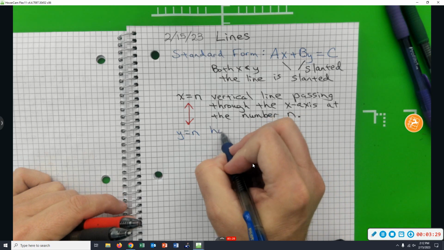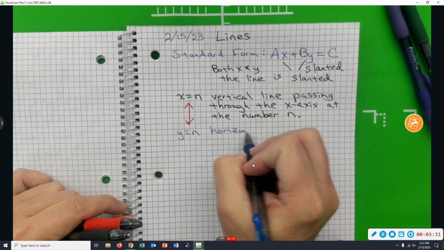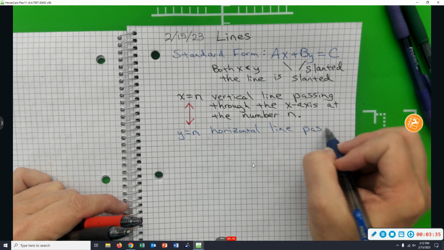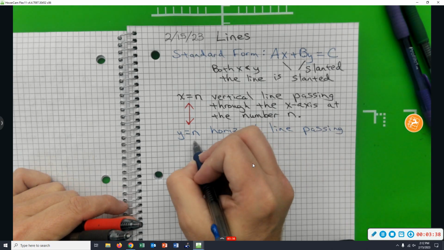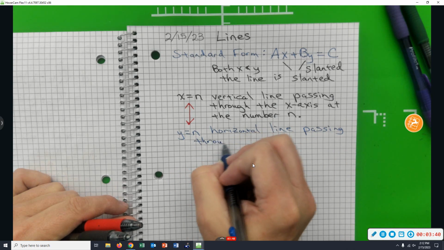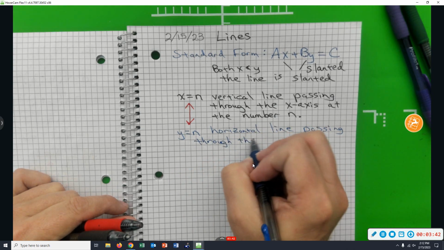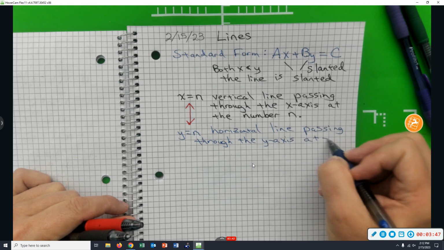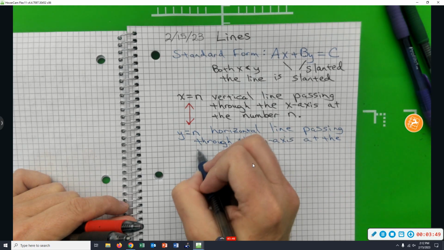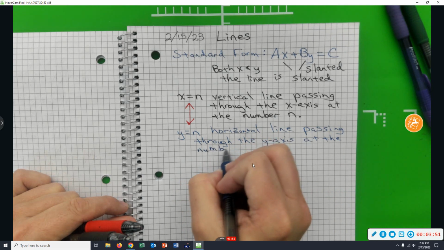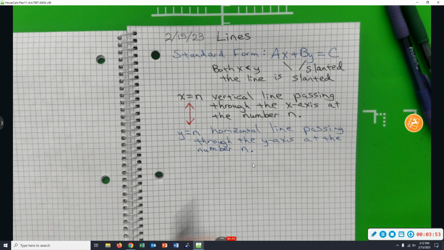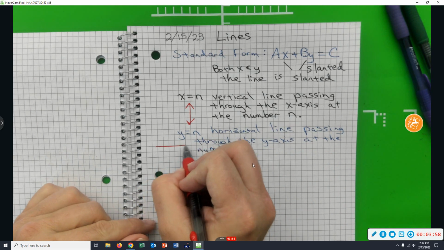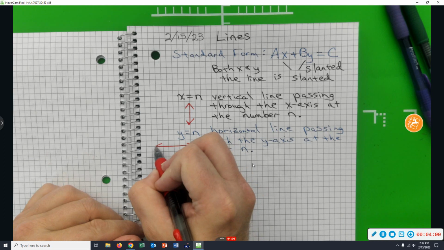That is a horizontal line passing through the y-axis at the number n. And a horizontal line, just to remind you, runs left and right.